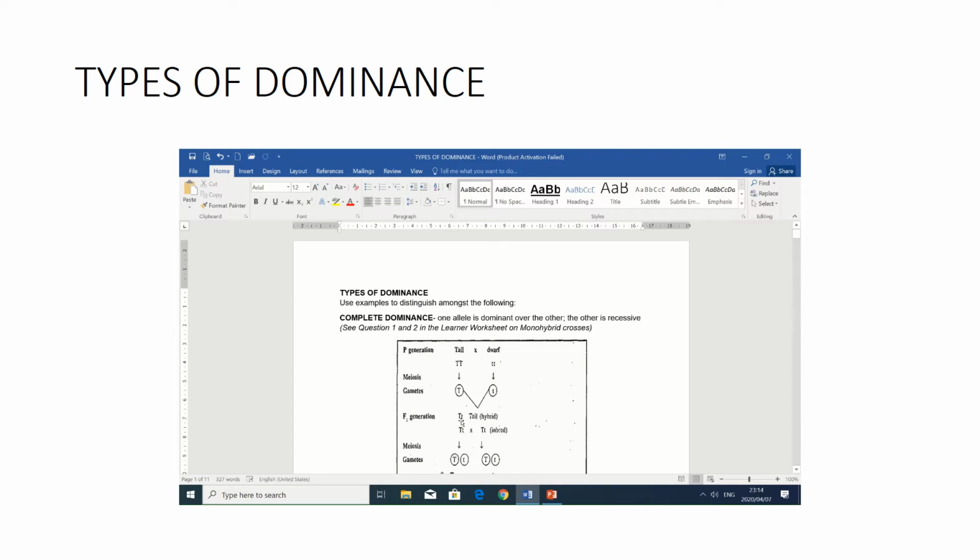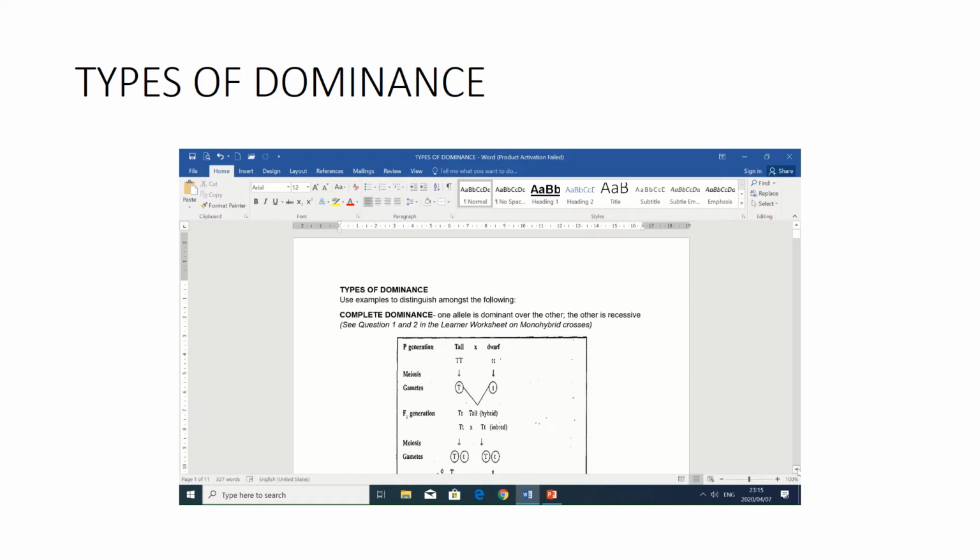So we can say this example is showing us the law of dominance, which states that when a homozygous dominant parent is crossed with a homozygous recessive parent, all the F1 offspring will show the characteristic controlled by the dominant allele.